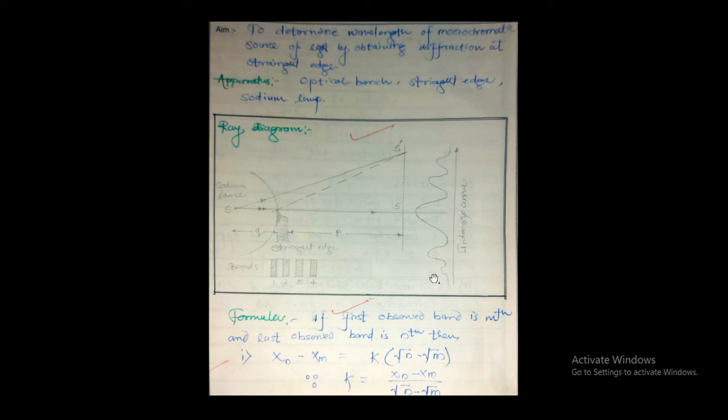The vertical axis is intensity and the horizontal axis is angle of diffraction, so as the angle changes the fringes change, and the readings were taken in this form. This is the whole experiment on diffraction of light at a straight edge. For studying the phenomenon of diffraction of light we use an obstacle. Different types of obstacles are there; in this experiment we are using the straight edge as the obstacle.